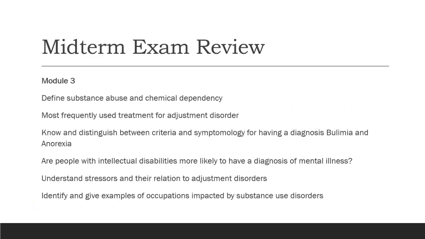And for Module 3, you need to be aware of the definition of substance abuse and chemical dependency, what's most frequently used for treatment of adjustment disorder, knowing and distinguishing the criteria and symptomology for a diagnosis of bulimia and anorexia, information about the intellectual disabilities being more likely to have a diagnosis of mental illness.